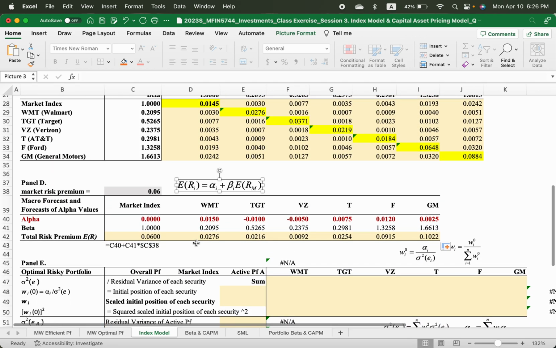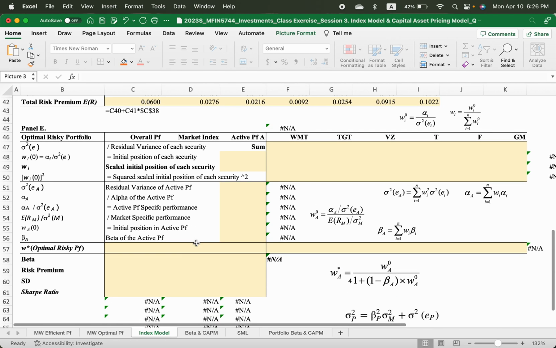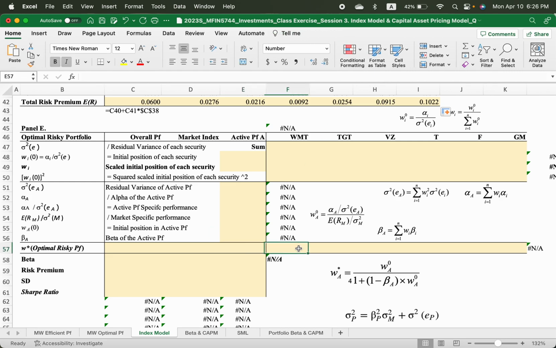Now, once you complete this panel D, then let's complete the optimal risk portfolio. Again, the point is to get the weight of the individual stocks in the active portfolio. We have 3 portfolios: the overall portfolio that includes the market index and the active portfolio.